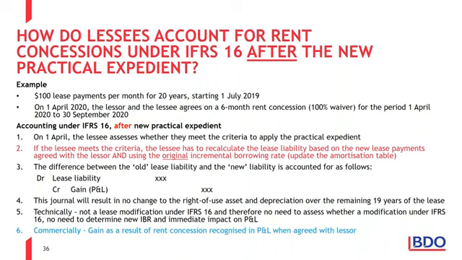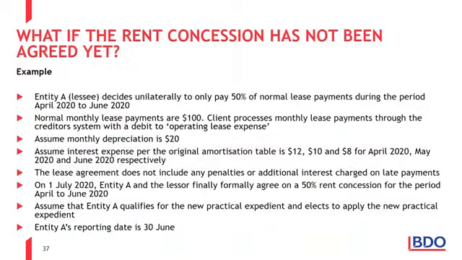But to get a bit of assistance, at least you don't have to update your incremental borrowing rate, and commercially you can book it in P&L. And you don't have to look at all your agreements, you just make sure you fit into the expedient.